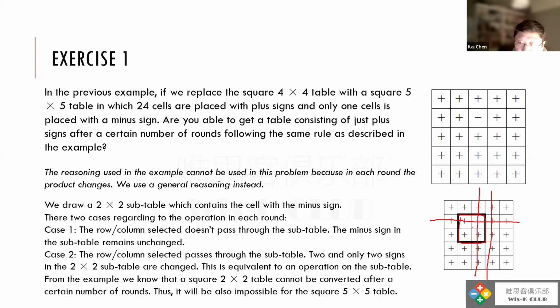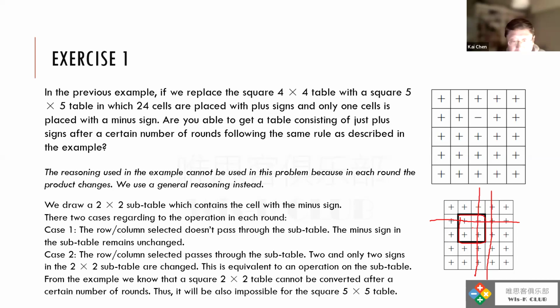That means if we focus on the 2 by 2 table, we can use the same reasoning from the example, because the example is a 4 by 4, right? Now we focus on 2 by 2, meaning that for any operation on this 2 by 2, either in a row or in a column, the product of the 4 signs will change by 2.